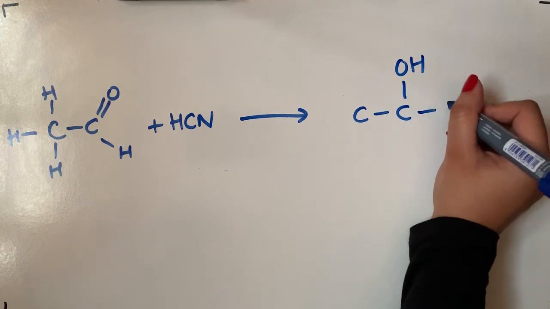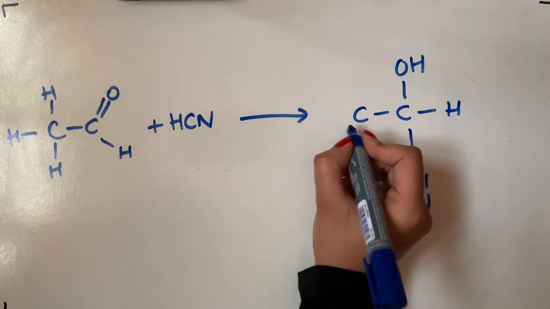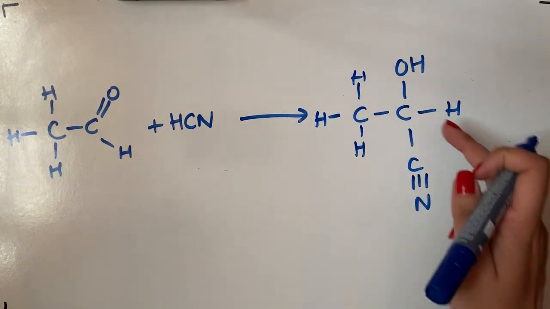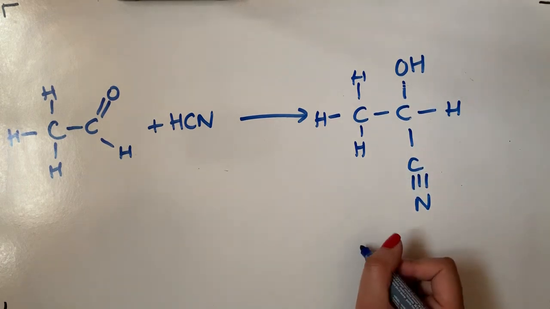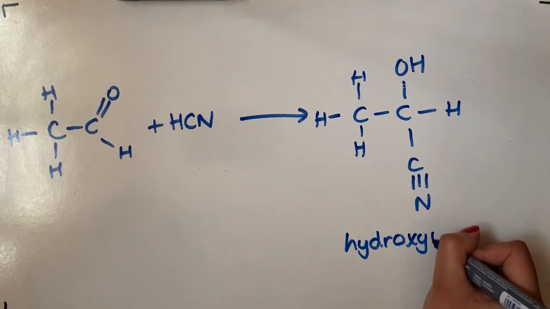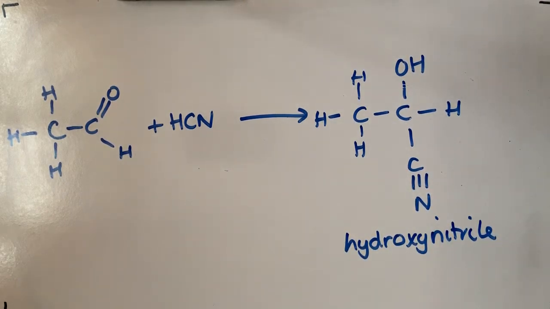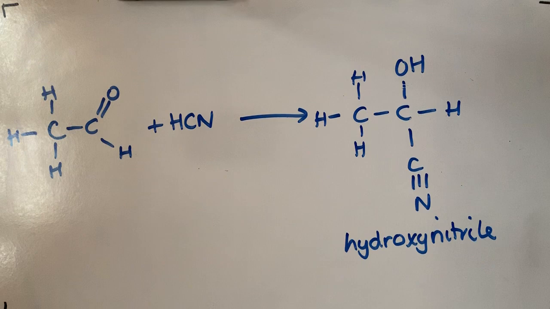So the functional group that we've got here is a hydroxynitrile, where we have a carbon that's bonded to an OH and a cyanide. So I'm just going to write that here, like so.